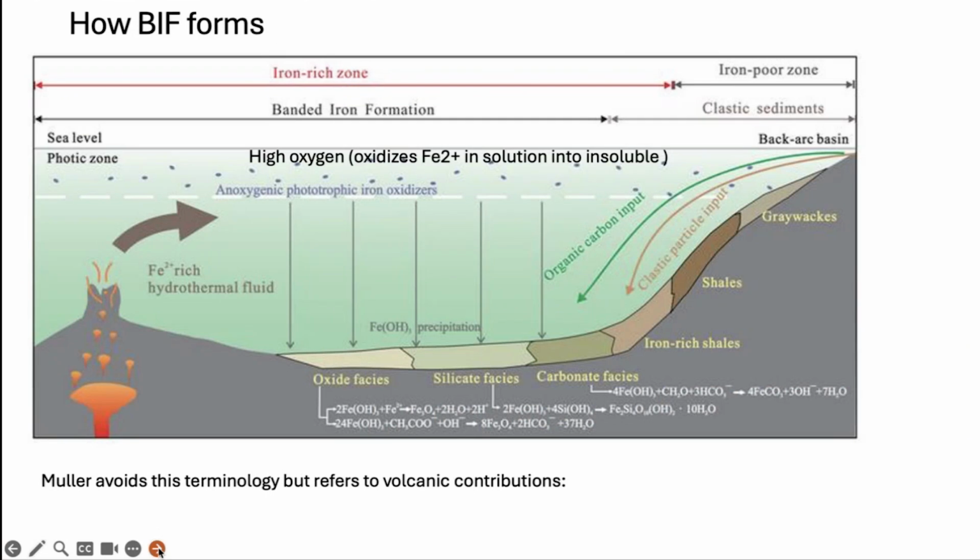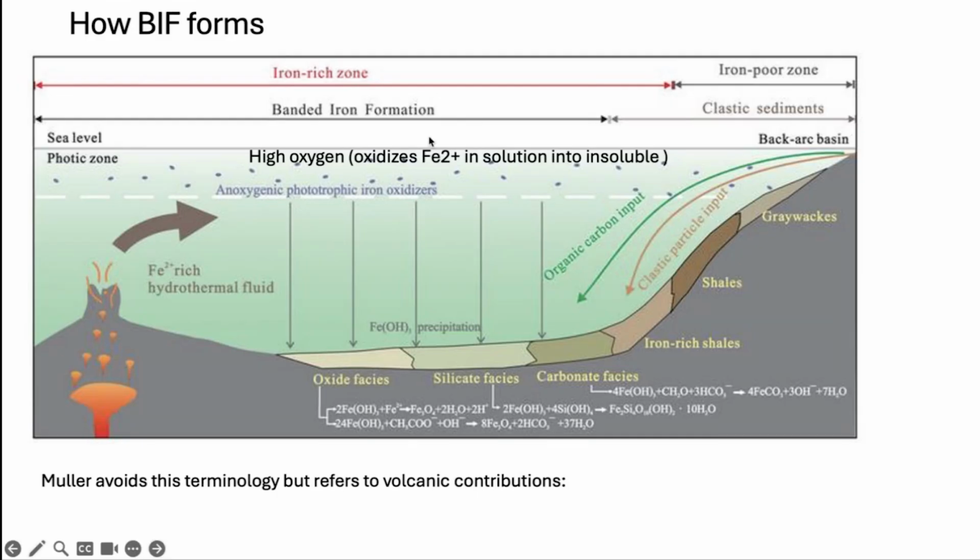All right, so here's kind of a cartoon of how banded iron formation forms. So here's a continental shelf, and you want to get away from clastic input because that will swamp out the iron. You want to get out in the basin where you're away from detrital sediments, so you're just precipitating and accumulating the material produced by the interaction of these iron 2+ rich hydrothermal vents with high oxygen contents in the water column, which are near the surface.